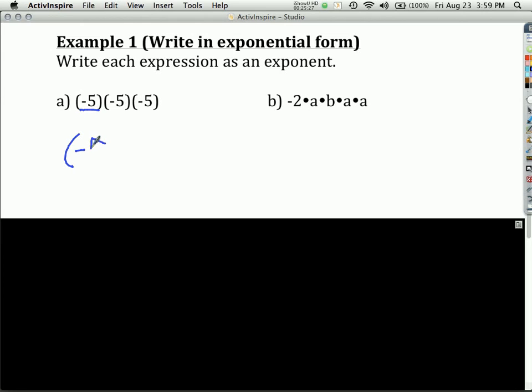If you have a negative common factor, we're going to put it in parentheses. And then you just have to count how many there are. 1, 2, 3. And that becomes your exponent, negative 5 to the third power. And that's rewriting something as a power. Does anyone have any questions on how I got from here to here?